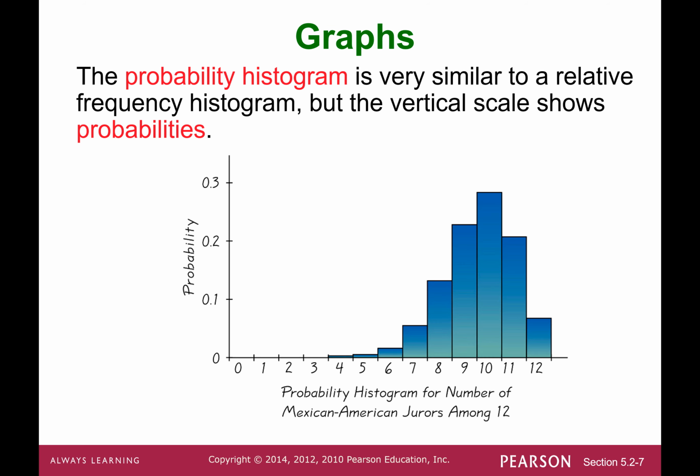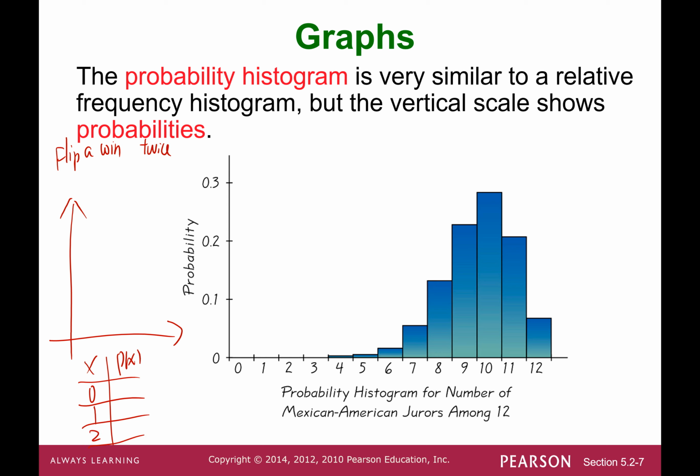Now this is a probability histogram. If you create a histogram from the earlier example of flipping a coin twice, we have the table here: 0, 1, 2, with probabilities 0.25, 0.50, and 0.25.